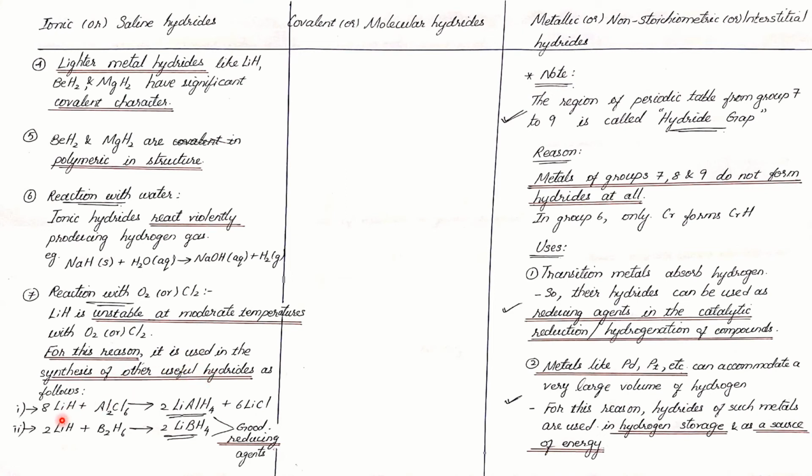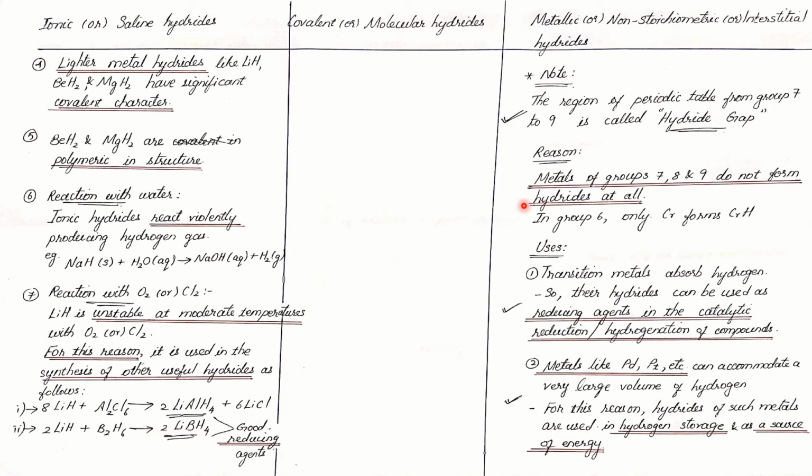Lithium hydride reacts with aluminum chloride to give lithium aluminum hydride and lithium chloride. Lithium hydride reacts with diborane to give lithium borohydride. Note that lithium aluminum hydride and lithium borohydride are very good reducing agents, of great industrial use.